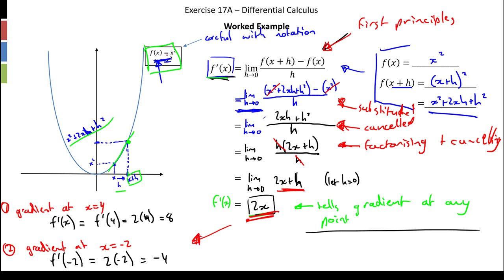Now again, f of x equals x squared is easy, but this can work for something like x cubed plus 3x squared plus 4x minus 5. If you graph that function, it will be something like that, but we can get a derivative that tells us the gradient at any point on that. So that is really handy in the real world for physical applications, financial applications, or anything to do with something that's changing, which is pretty much everything.